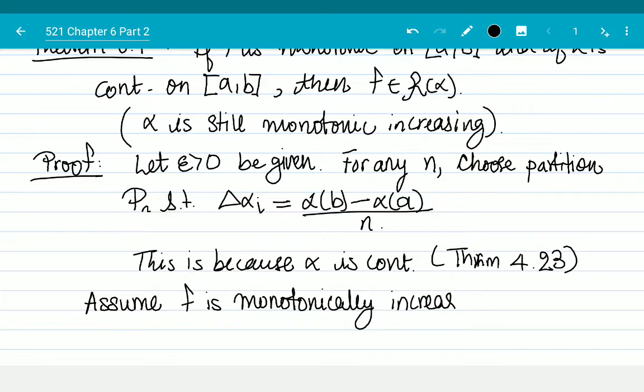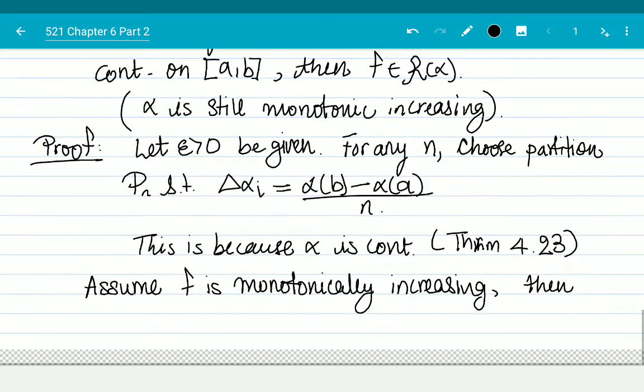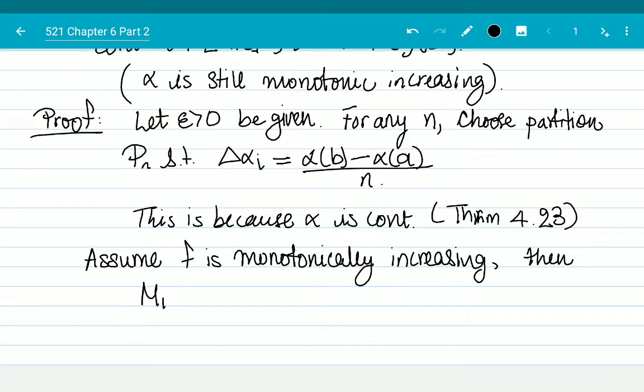Then I have that capital Mi is equal to f of xi, and small mi is equal to f of xi minus 1, because it's increasing, for i equals 1 to n.